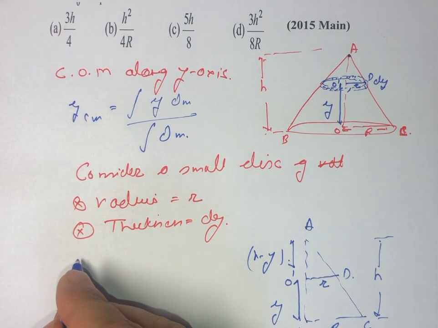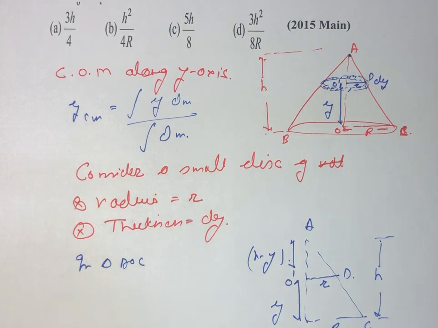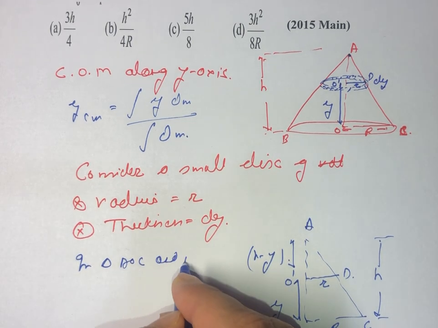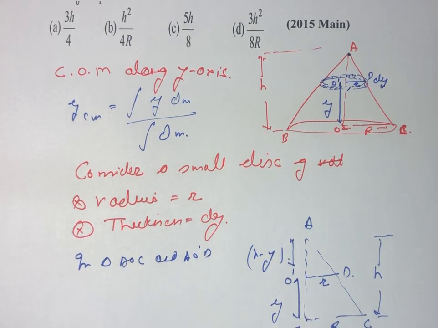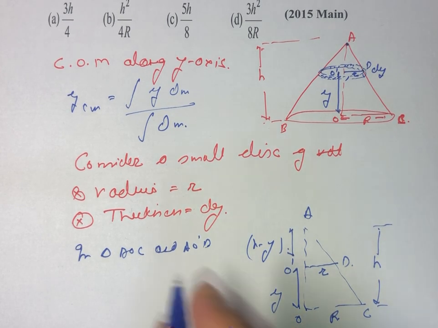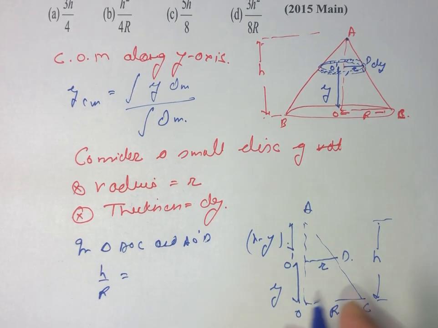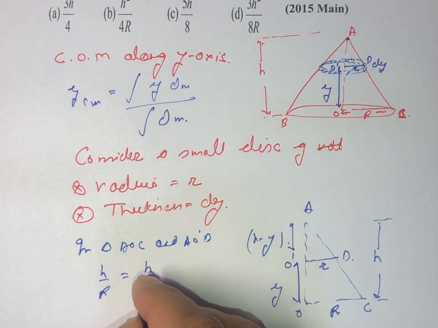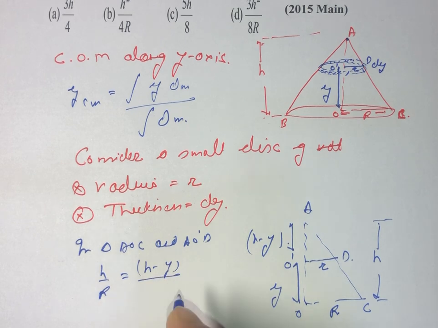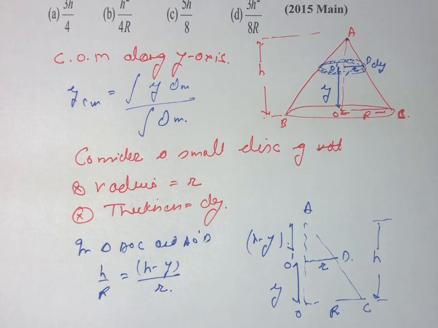You can see in triangles AOC and AO prime D, h upon capital R will be equal to h minus y divided by small r, corresponding sides.